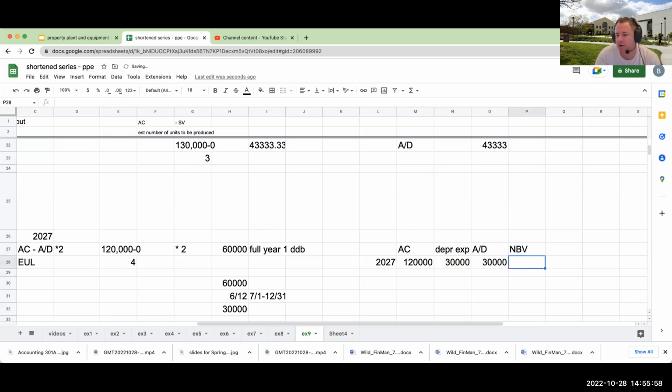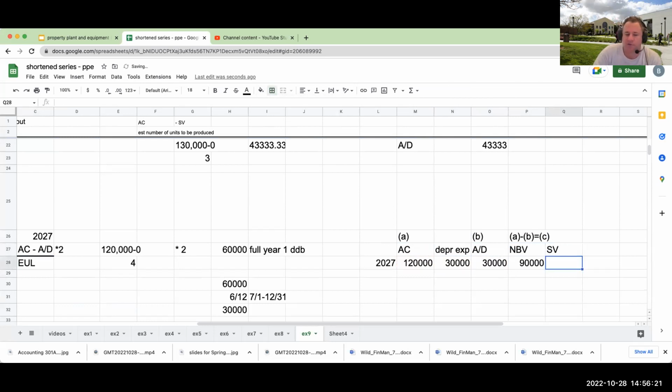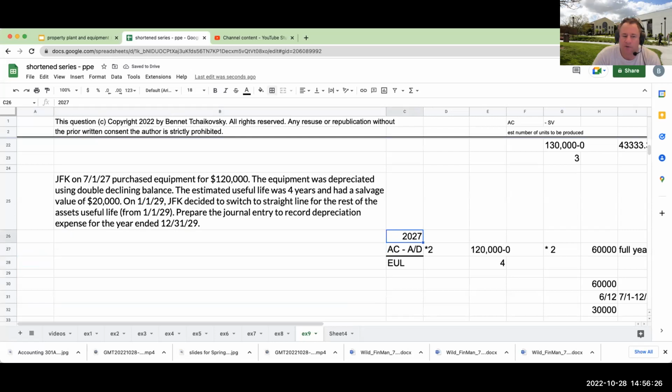My net book value is going to be my acquisition cost minus my accumulated depreciation, so my net book value is going to be 90,000. When I'm doing double declining balance, I have to be very careful because I'm not including salvage value in my formula. So over here, my salvage value is 20,000.